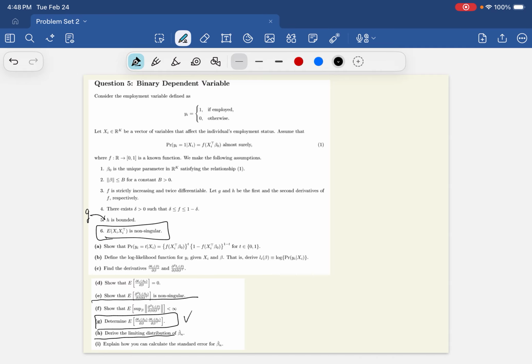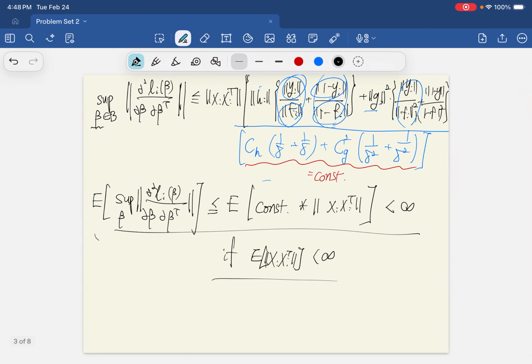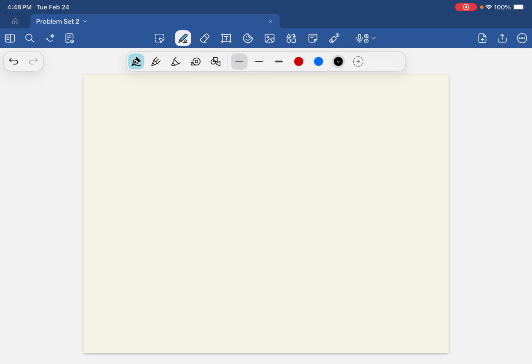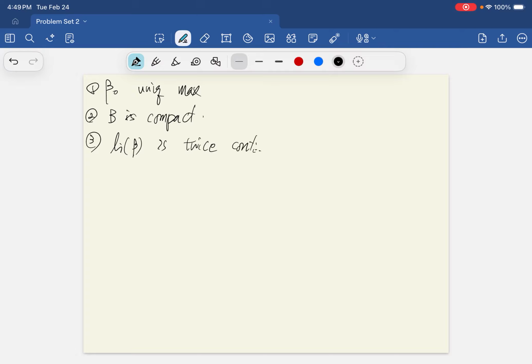And now let's derive the limiting distribution for beta hat. You just need to check the sufficient conditions first. First, beta 0 should be the unique maximum, and we can show that very easily. Second, we have to show that B is compact, which we assumed. Third, the log likelihood function is twice continuously differentiable, which is also trivial.